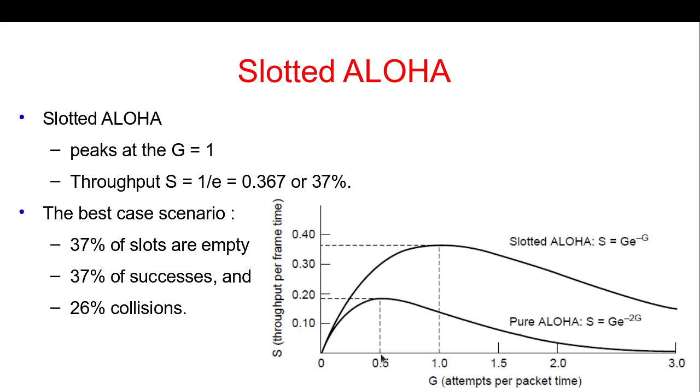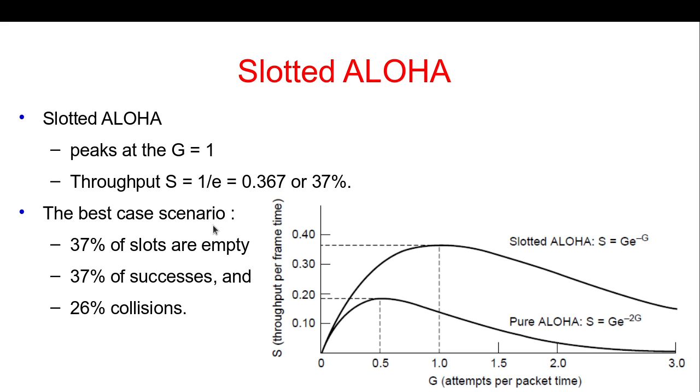Previously for pure Aloha, we were getting the maximum throughput at G is equal to 0.5. Here in the case of slotted Aloha, we are getting the maximum throughput at G is equal to 1, and that is 0.367 or 37%, which is double the throughput of pure Aloha.